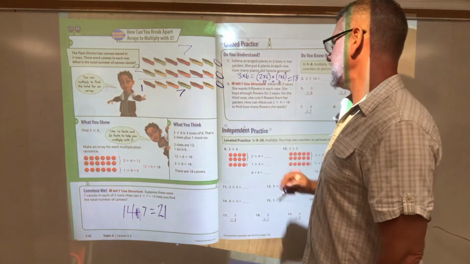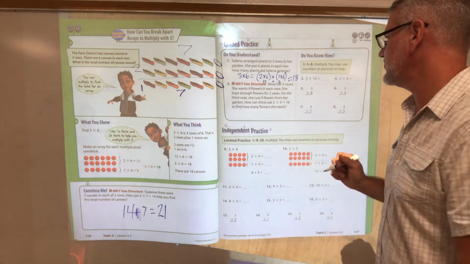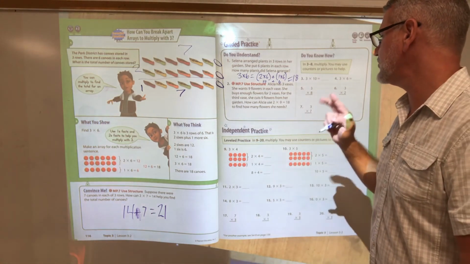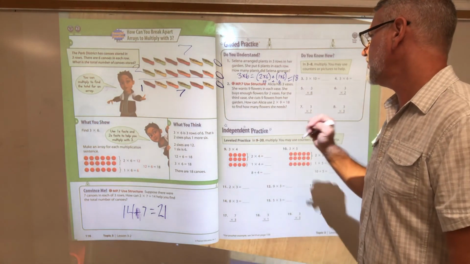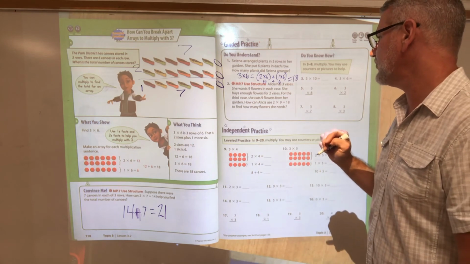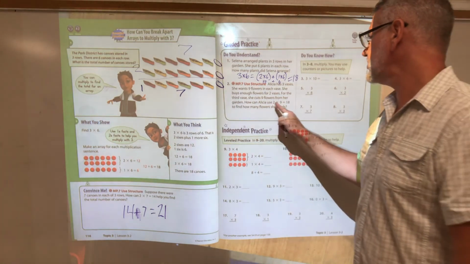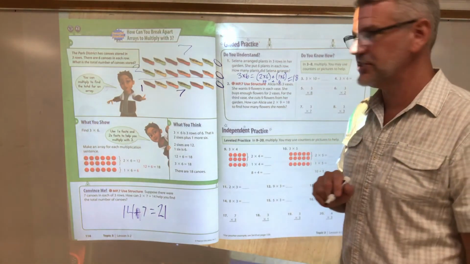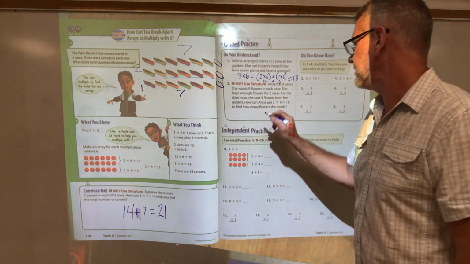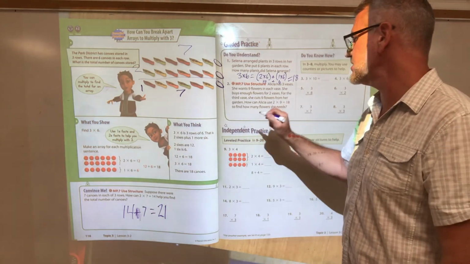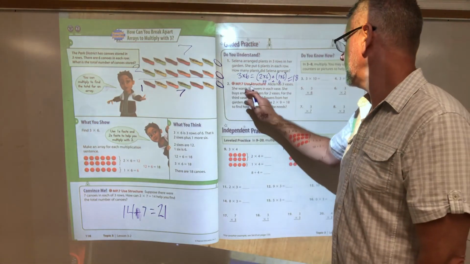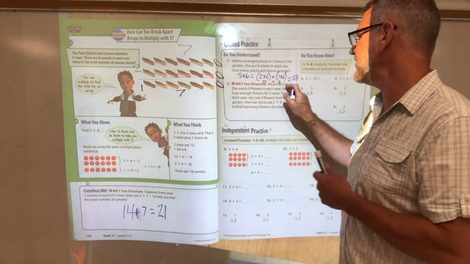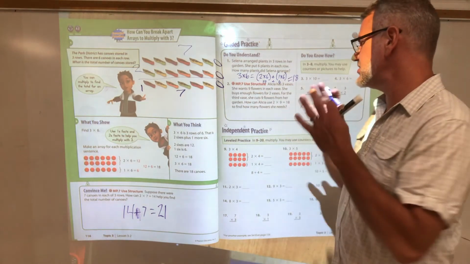Alicia has 3 vases and she wants 9 flowers in each vase. She buys enough flowers for 2 vases. For the 3rd vase, she cuts 9 flowers from her garden. How can Alicia use 2 times 9 equals 18 to find out how many flowers she needs? So she has 3 vases with 9 in each one is what she wants.